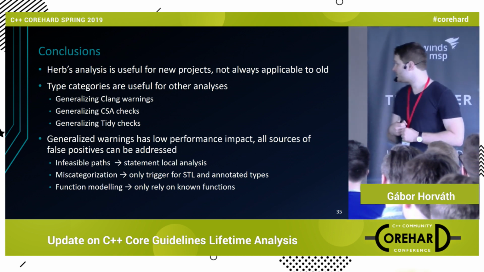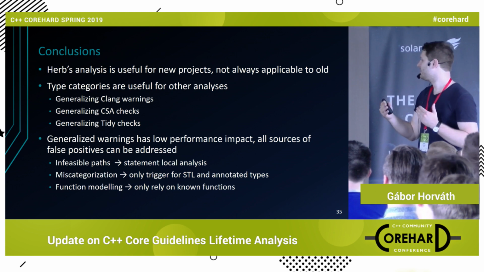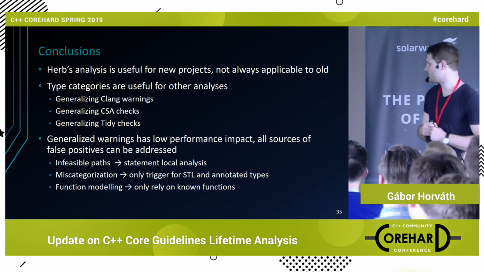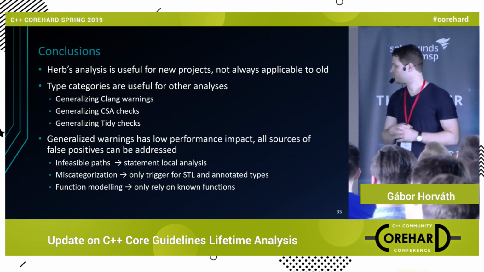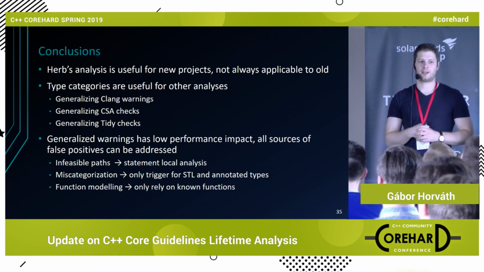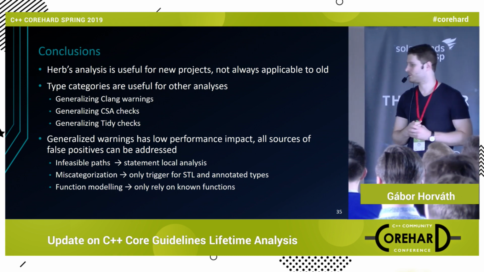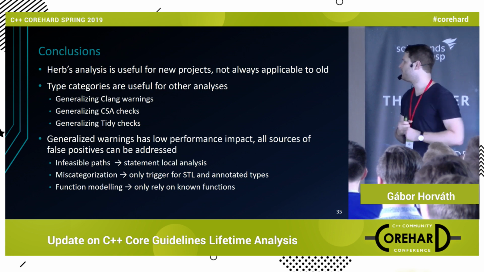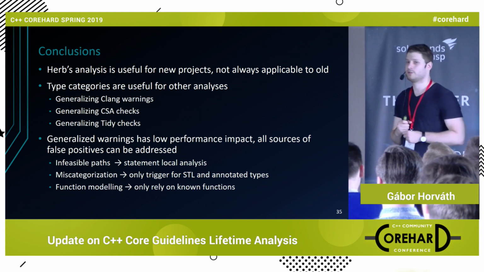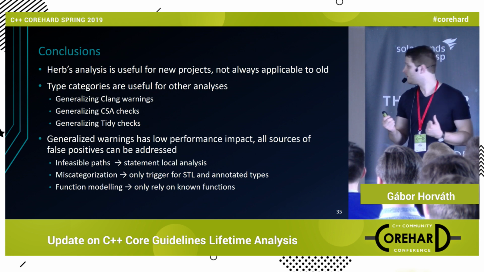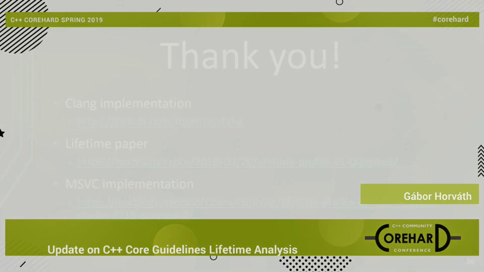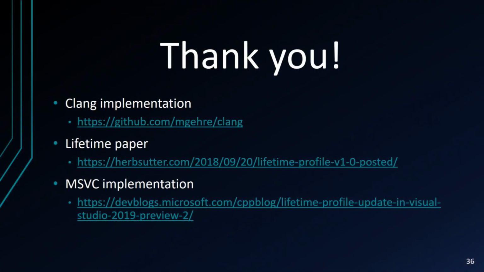Even though they have a low false positive ratio, virtually zero, we were able to find interesting problems using this analysis, and we really hope that it will be upstreamed really soon so you can use it. So that was my talk, and if you have some questions, I will try to answer them.